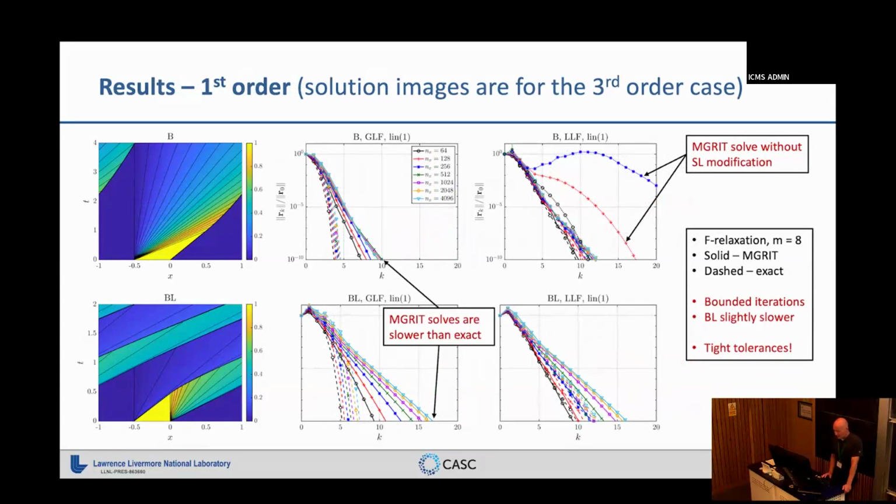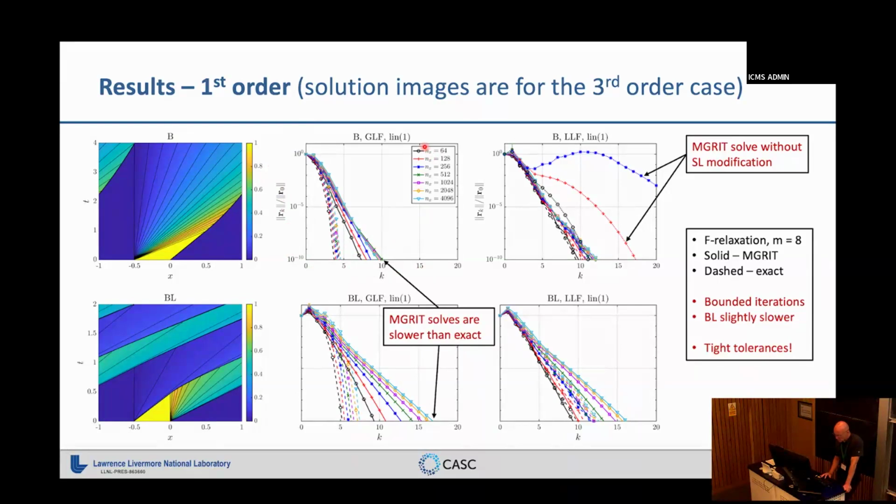Okay, so 1st order results. Let me explain everything that's here. Top row is again Burgers, bottom is Buckley-Leverett, and I'll show a bunch of diagrams like this where you have iteration count on the bottom and relative residual on the left. We're looking at a weak scaling case.